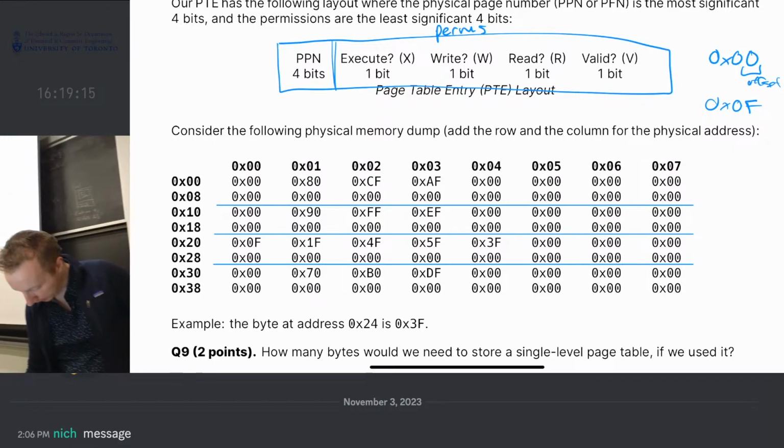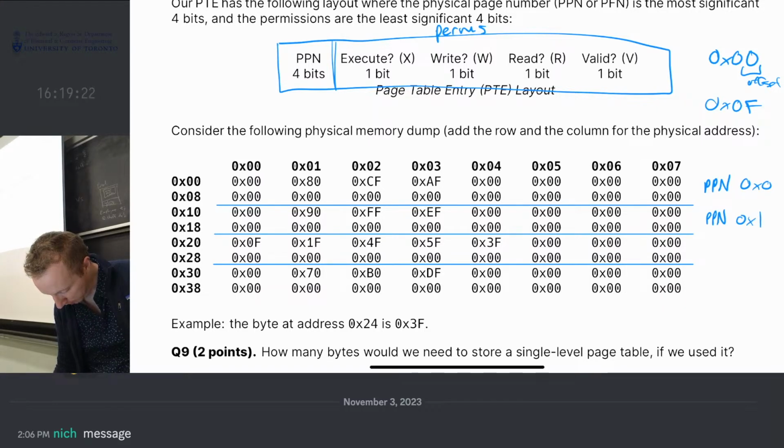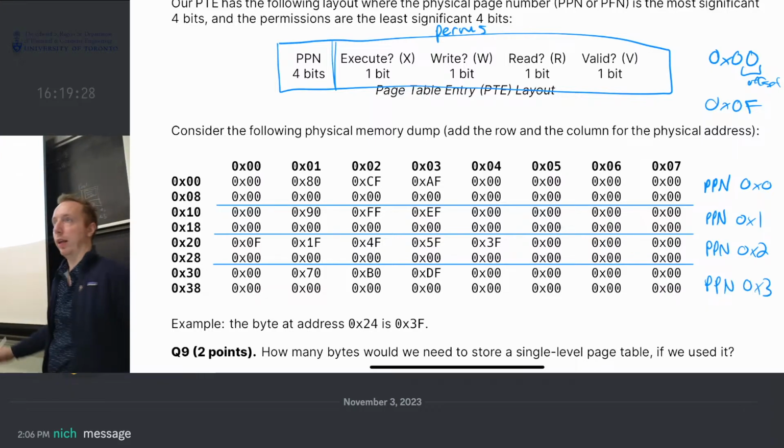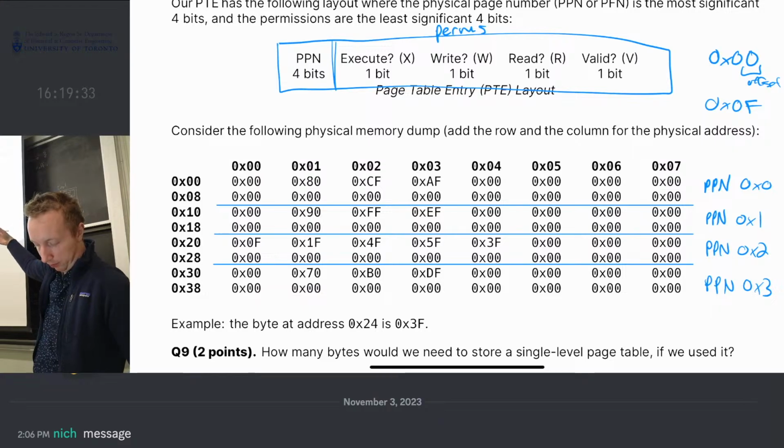Everything here would be on physical page 0. All these 16 bytes would be PPN 1. This would be PPN 02. This would be PPN 03, something like that. So if you look at memory like that, there's 4 physical pages, 0, 1, 2, and 3. Any questions about that?